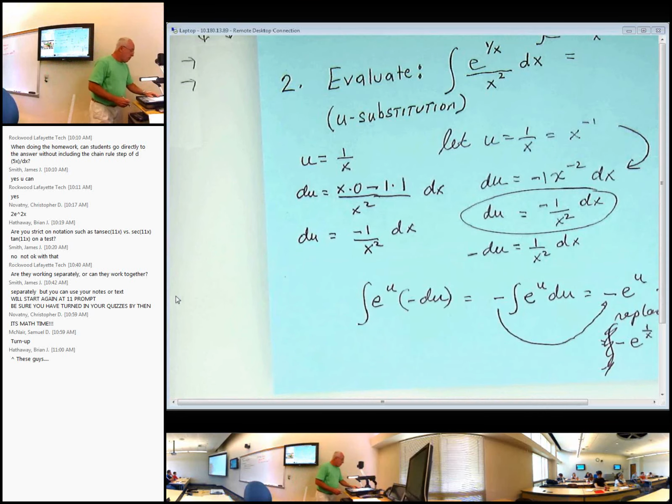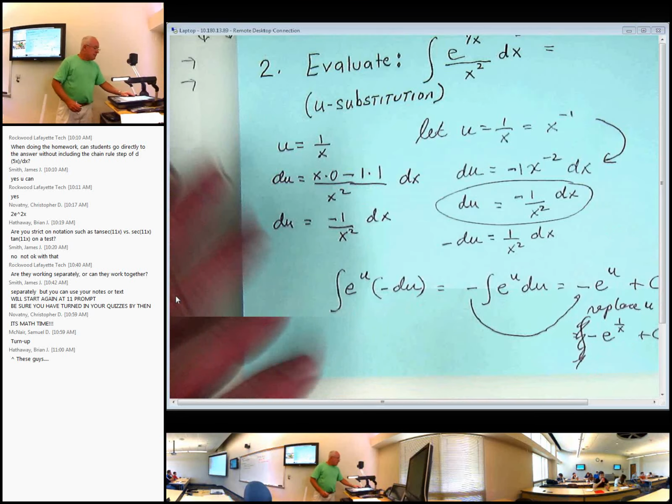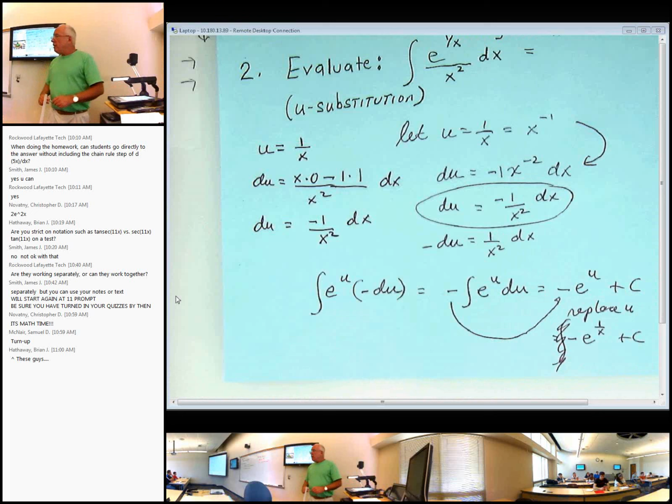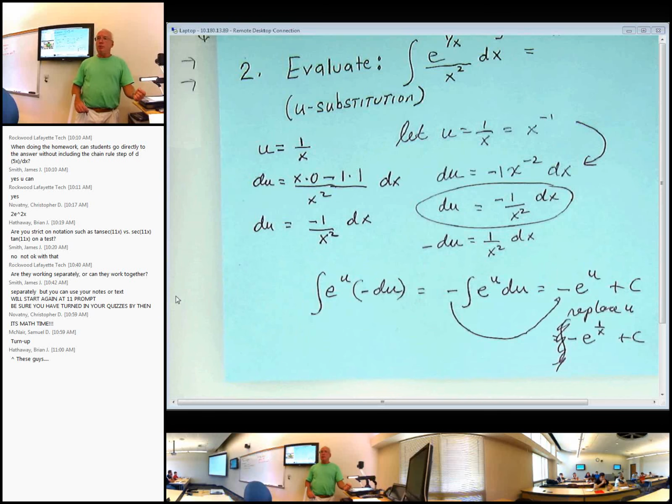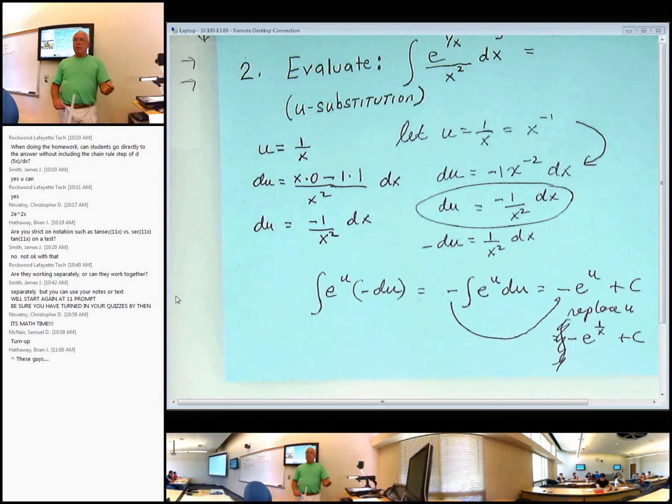Now, I guess what I want to say is this: if you're identifying that you need some more help with just the u substitution, then I think you need to go back to where it was introduced in Stewart. I forget what chapter it was in the first semester, and look at that again, and maybe do some problems with that.